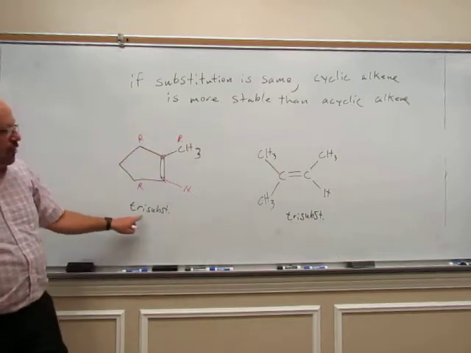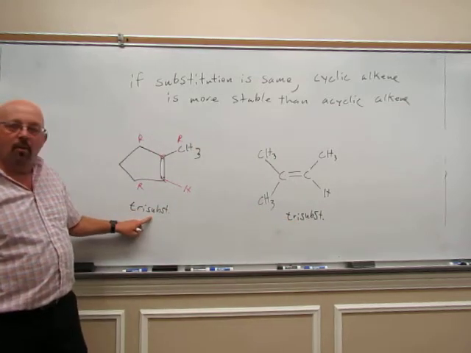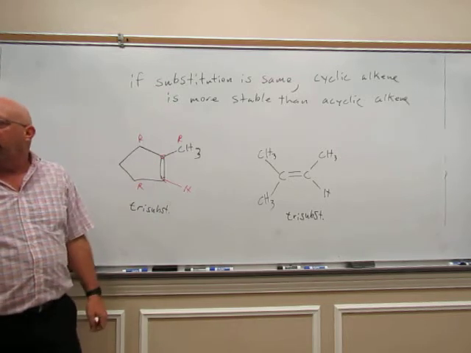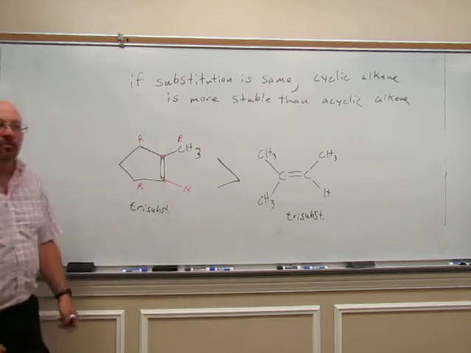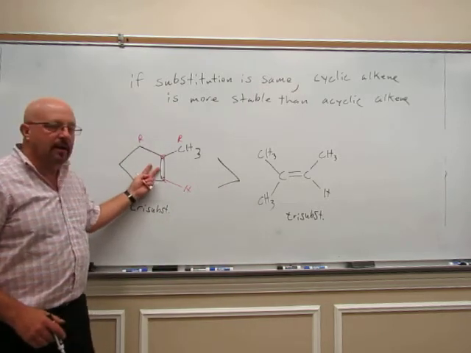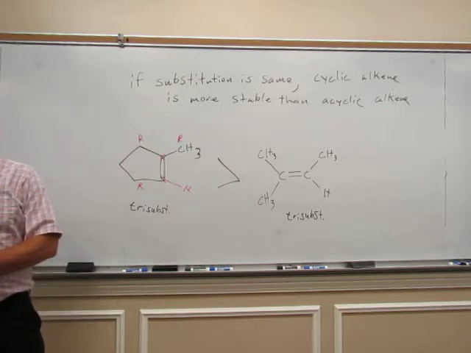So if the substitution is the same, then the more stable one is the one where the double bond is in the ring. The one where the double bond's in the ring is more stable. A cyclic alkene is more stable than an acyclic, only if the substitution is the same.